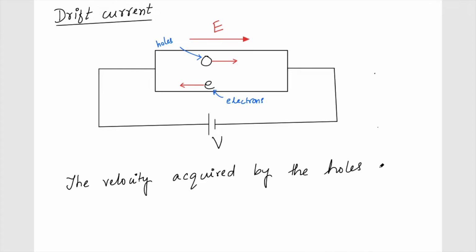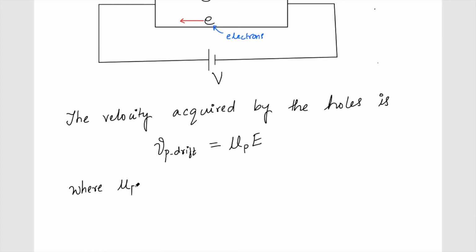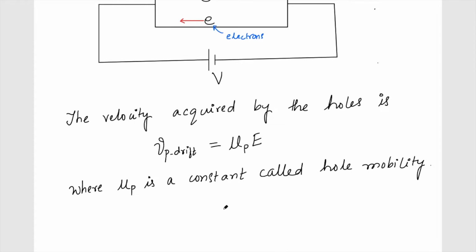The drift velocity, V drift, can be given by mu p into E. So it's directly proportional to the electric field E, and there is a proportionality constant, mu p, and this mu p is called the hole mobility.